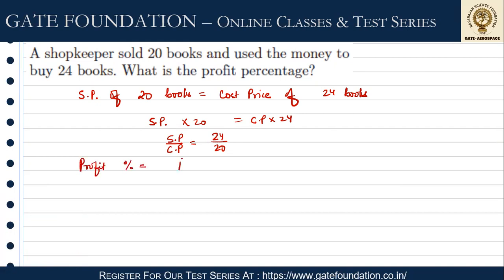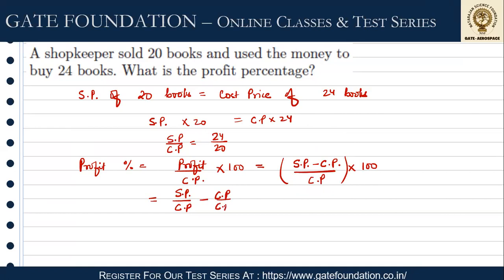So what is profit percentage? It is profit upon CP into 100. Now what is profit? Profit is basically selling price minus cost price, divided by cost price, into 100. अब ये आ गया मेरे पास. अब इसको, मैं जो यहाँ पर denominator है, if I bifurcate into two parts, so I'll have SP by CP minus CP by CP into 100. अब यहाँ से मेरा question simple हो जाता है.